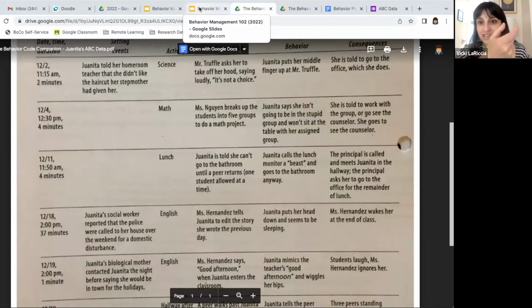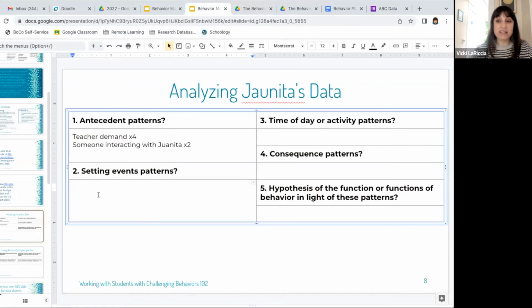So someone says home life is chaotic. So maybe there's some sort of unpredictability at home. And then the second one is about a domestic disturbance. And then the third one, I don't want to assume, but maybe Juanita's biological mother doesn't contact her much. So I kind of like the language home life is chaotic, or maybe chaotic and unpredictable. And all three of the setting events had that in common.